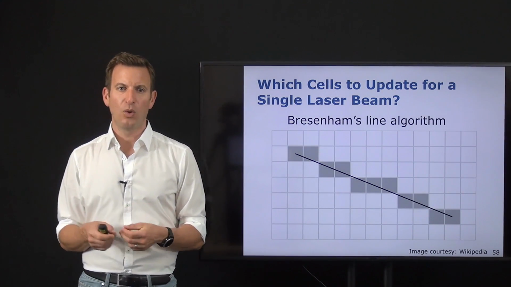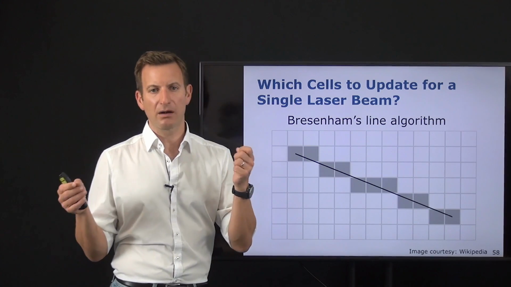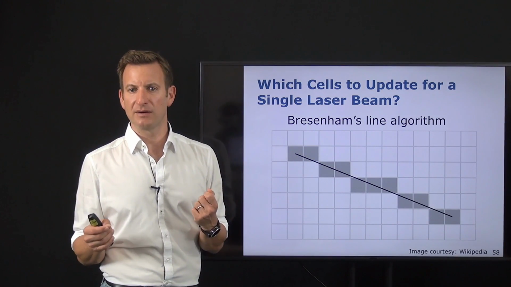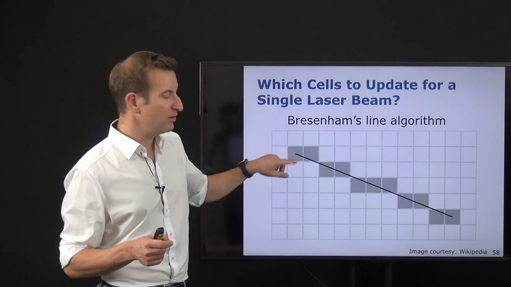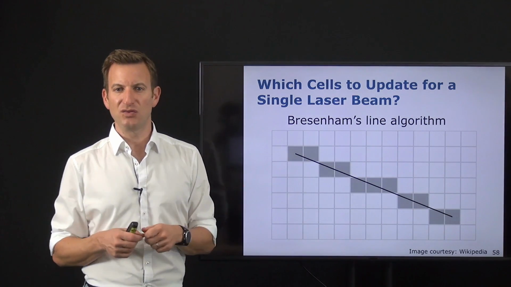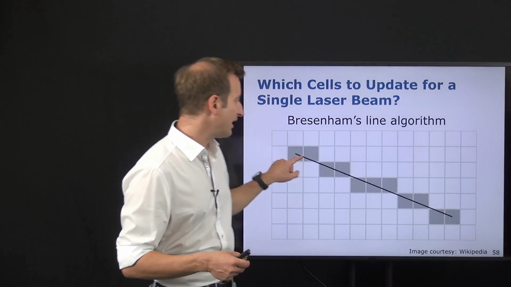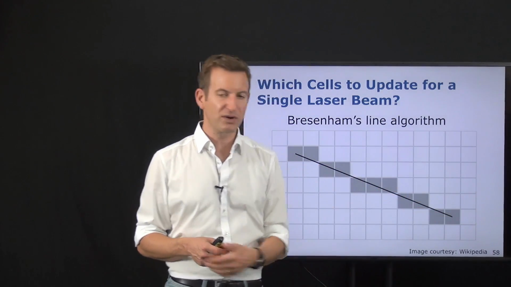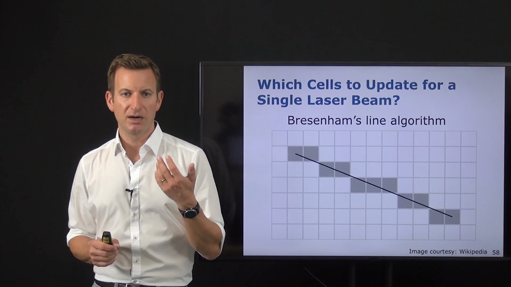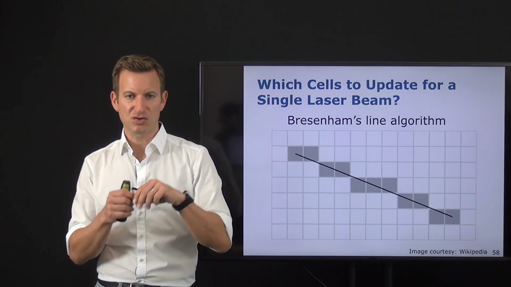So if you want to estimate which cells are affected by a range reading by a laser scanner, for example, then you typically use Bresenham's line algorithm, to which you provide this coordinate and this coordinate. It tells you the coordinates of the grid cells which are crossed by this line.